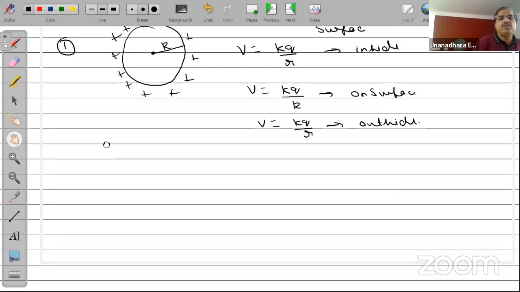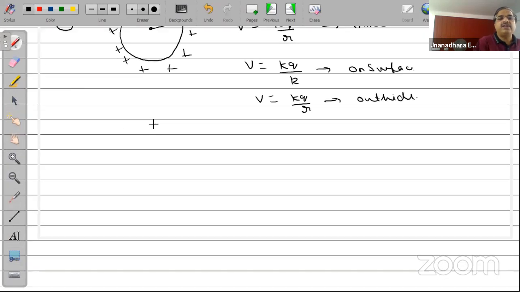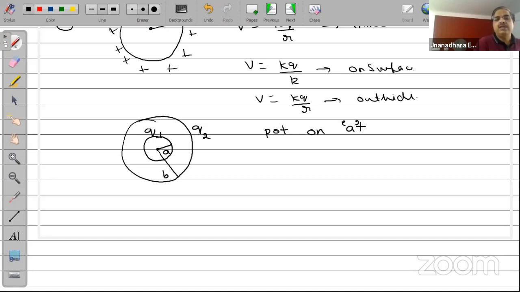Now what we'll do is we will consider two such, say, conductors. Now these conductors in fact are concentric. One of radius A, the other one of radius B. Now for the inner one, let me give a charge Q1. For the outer one, let me give a charge Q2. Then I want to find out what is the potential on A, that is the inner shell.